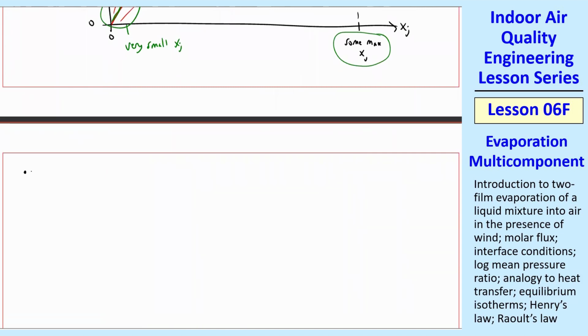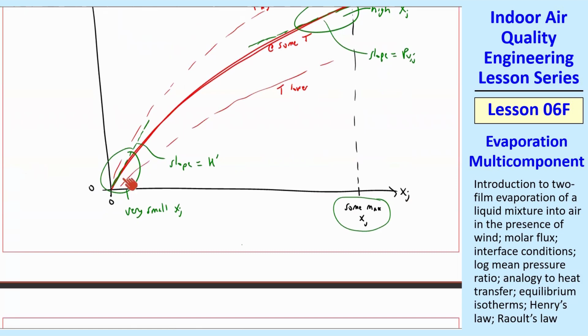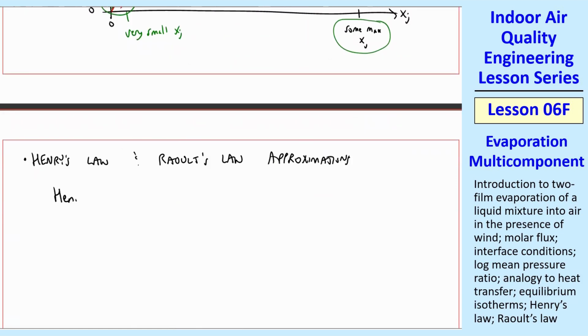There's two approximations we're going to talk about, Henry's law and Raoult's law. These are approximations. Based on what I just showed you on this curve, if you have very small x_J, this will be Henry's law. I'll talk about that one first.